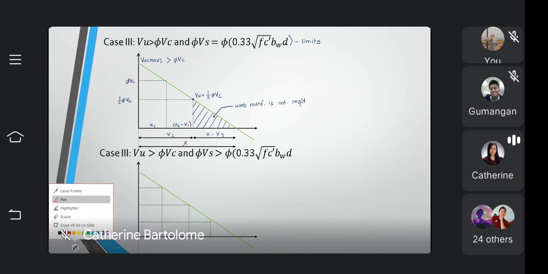So let's use another pen. How about for this area? Anong case to? Ang limit niya, VBC to half of VBC, therefore greater than siya sa half of VBC.